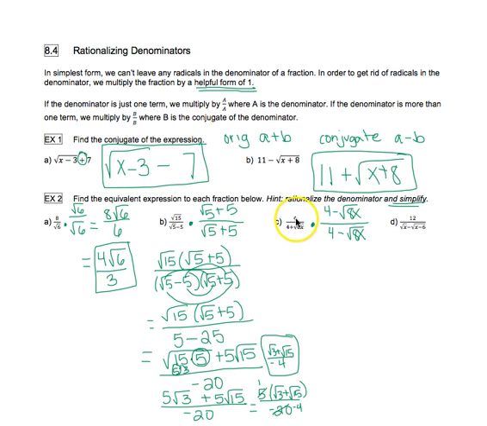So I've got on the top 4 times 4 minus radical 8x. On the bottom, remember what I said about the outside and inside terms, so I really only need to do the first and last. First, 4 times 4, which is 16. Last would be minus, because it's a plus times a minus, minus 8x.